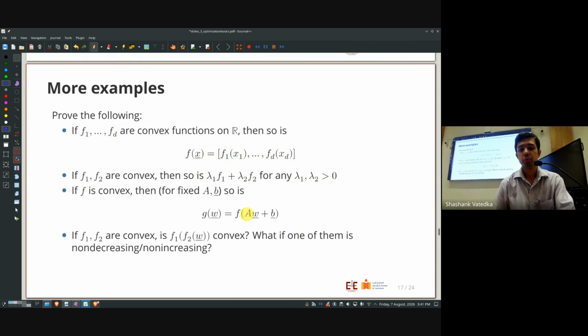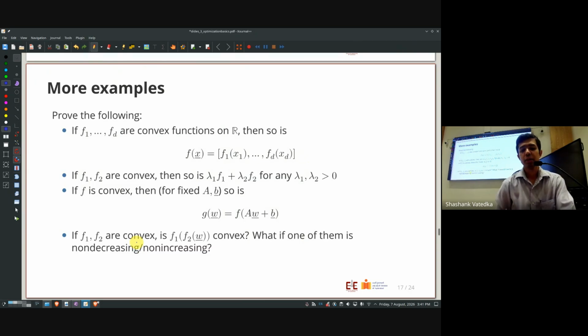And if you compose an affine function with a convex function, then the resulting function is also convex. And this is exactly the setting of our feed-forward neural network, right? So if f, your activation function, is convex, then f of aw plus b is also convex, right?